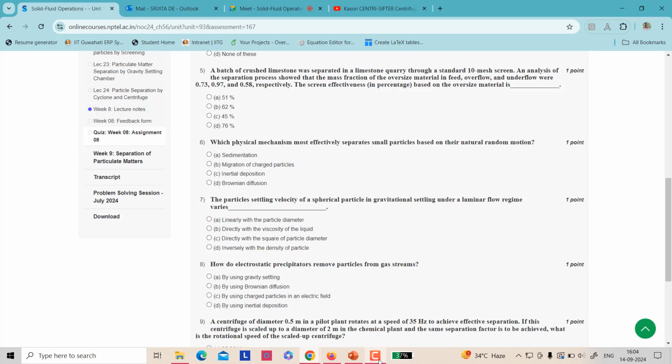Next, ma'am, it's a confusion. The particle settling velocity of a spherical particle in gravitational settling under a laminar flow regime varies linearly with the particle diameter. So you have to go to the laminar flow section where sir has taught you.